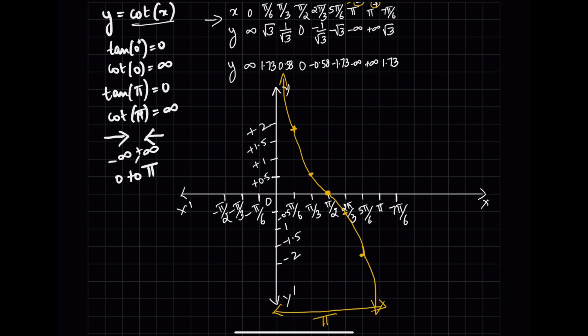For every pi distance, the next period which has the angle of pi, we would see the same graph. So for example, if this is 3 pi by 2, we would get something similar like this.